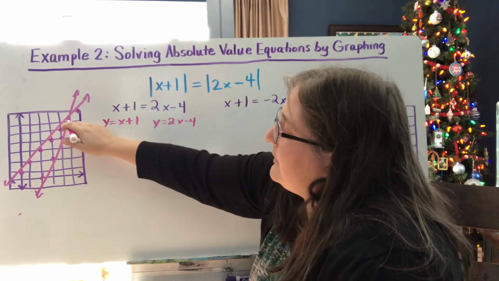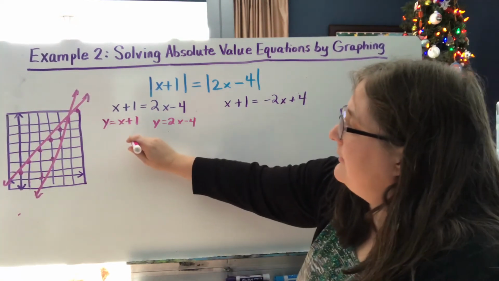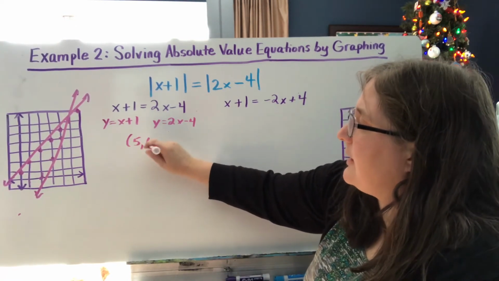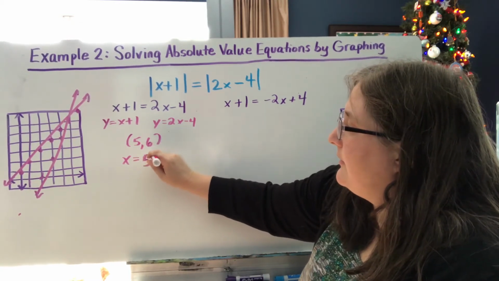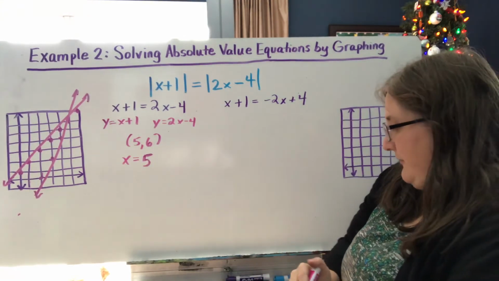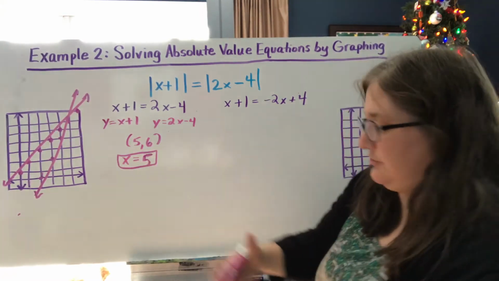So it looks like this point is where they cross, and this point is actually at 5 comma 6. So what I really care about is the x value, x equals 5. So I'm going to test it out and see if it works here, back in my original equation.